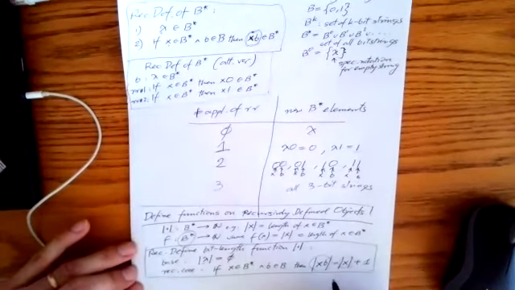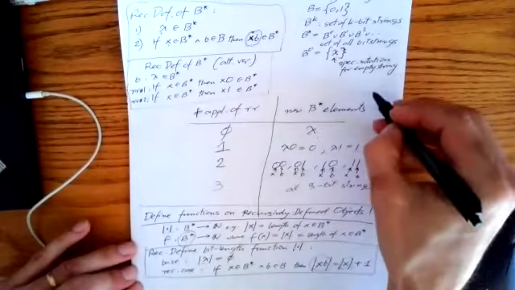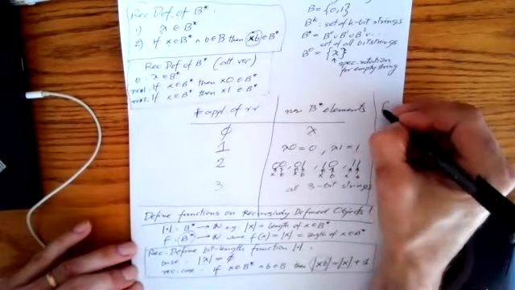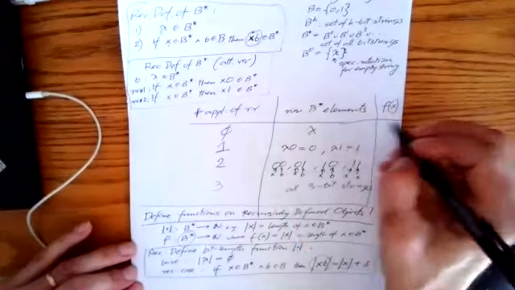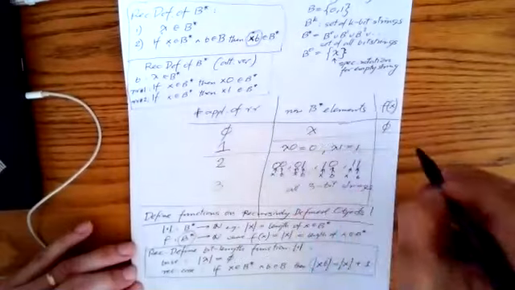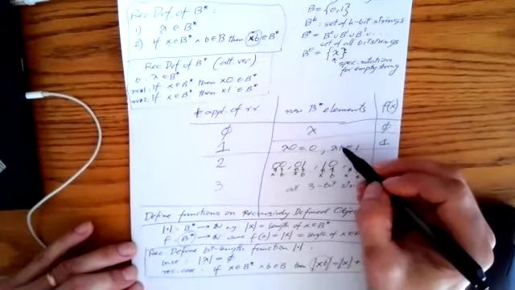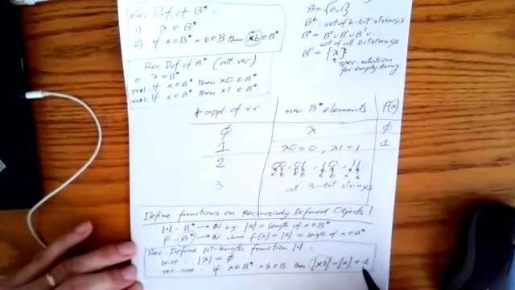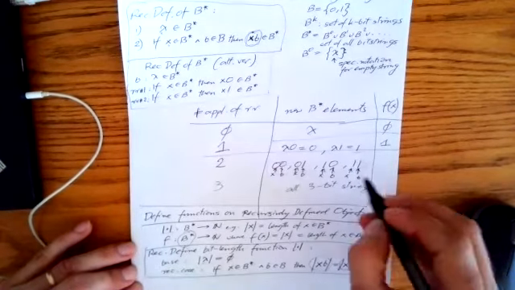So you can see how this function defines f of x for the elements. Here it's going to be 0. For all these it's going to be 1, because all of these are created by adding a bit to an empty string. So it's 1 plus whatever the length of the empty string was, which goes to the base case, that was 0.